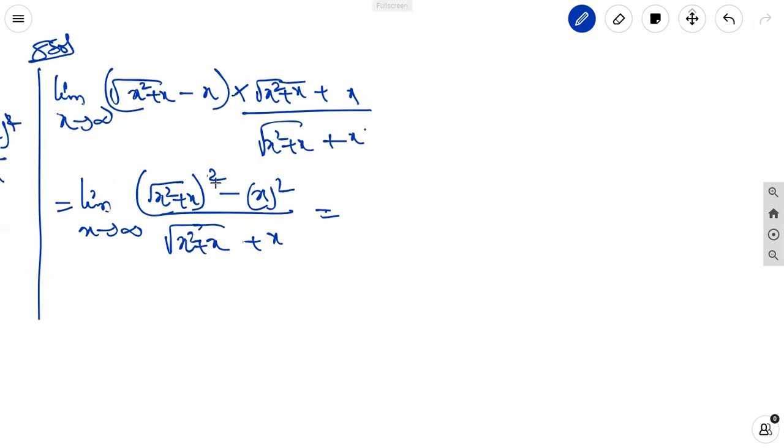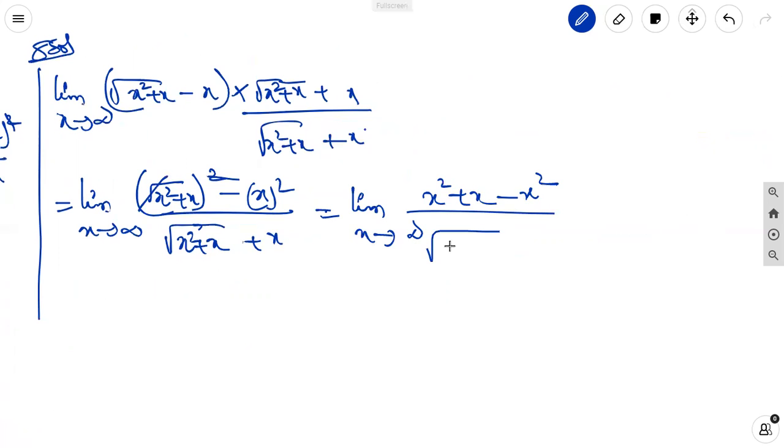It is equal to, square root and square cancelled, limit x tends to infinity x square plus x minus x square by, taking common x square, that is x square into 1 plus 1 by x, plus x.